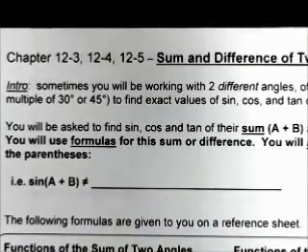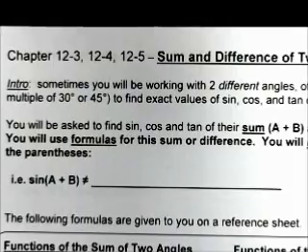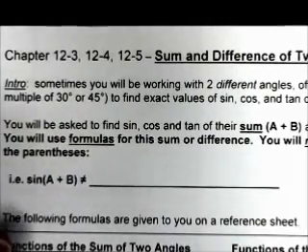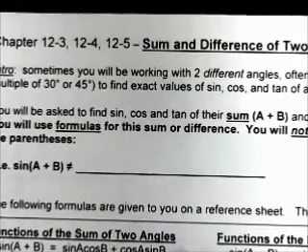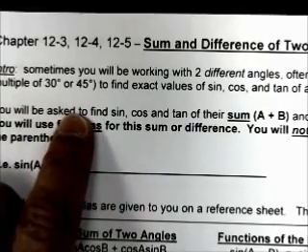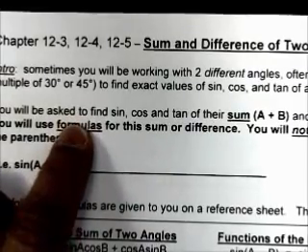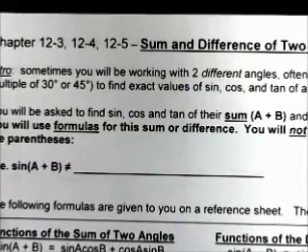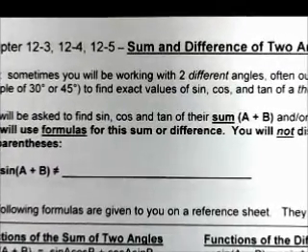So first we're starting with the sum and difference of two angle formulas. Sometimes you'll be working with two different angles, often our special angles. That would be any multiples of 30, like 30, 60, 90, 120, 150, and so on, or 45, 45, 90, 135, 225, to find the exact values of sine, cosine, and tangent of a third angle.